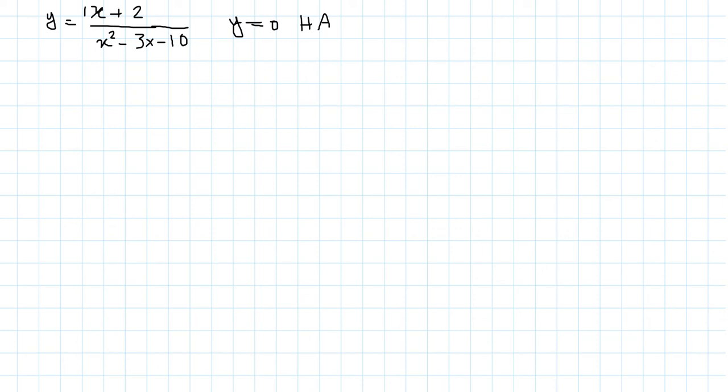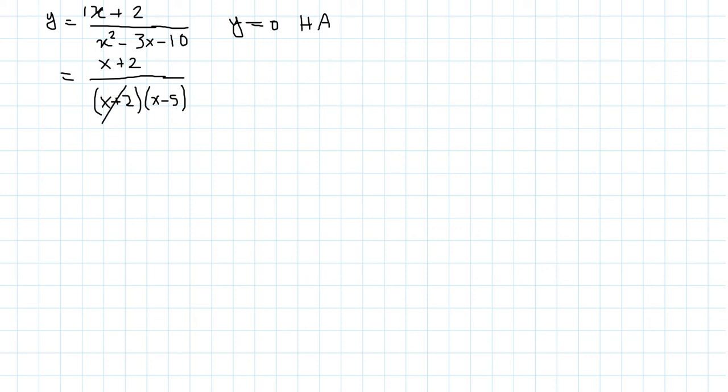And for vertical asymptote, it's better to find the answer, but at first I try simplifying. So x plus 2, and if I factorize, I will have x plus 2 times x minus 5.